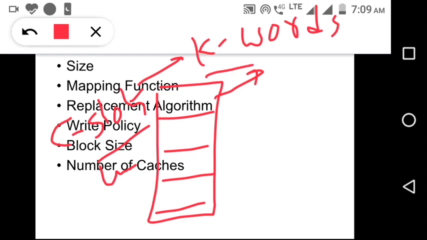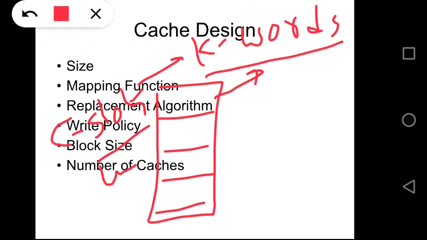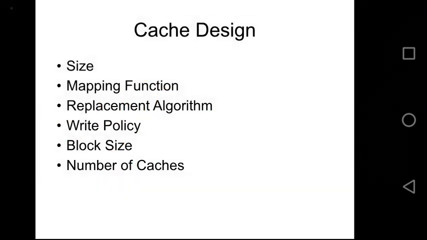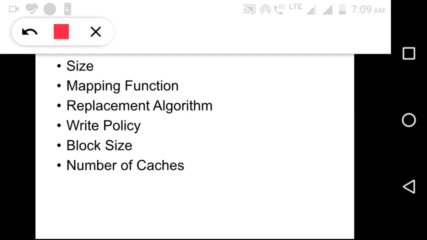So size means k, that is, how many words should be grouped to form a block. If someone asks you to design a cache memory, then you should run some algorithms which will give you the optimal value of k. What is the correct value of k?